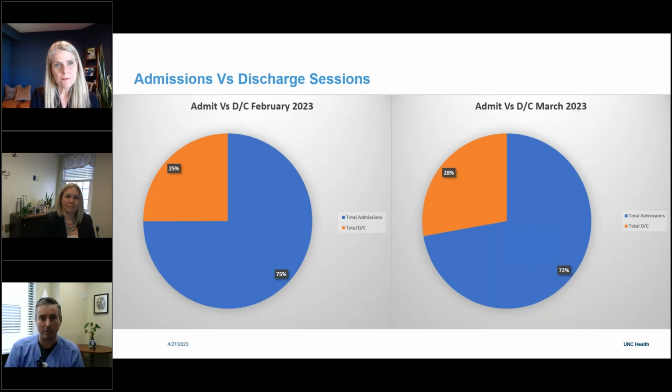So every month we've gotten a little bit better in our percentage of discharge to admission, and I do wonder if that's a factor of the nurses becoming more comfortable knowing that we're there to support the admission as it arrives. So not only can we provide that comprehensive, uninterrupted, one-to-one discharge teaching that the unit nurses simply don't have time for, and that the patients love, we take care of the admission that's going to backfill that bed.